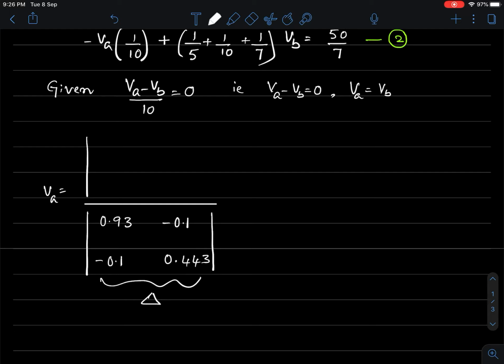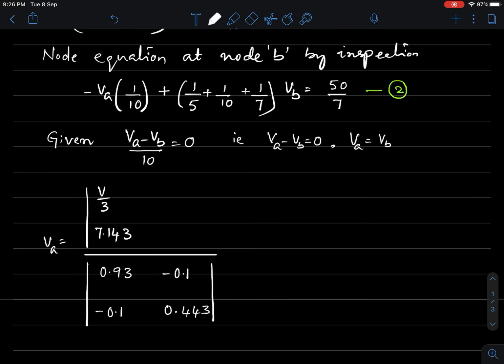Now I will try to write the numerator of VA. How do I write the numerator of VA? I replace the first column of delta by V by 3 and 7.143.